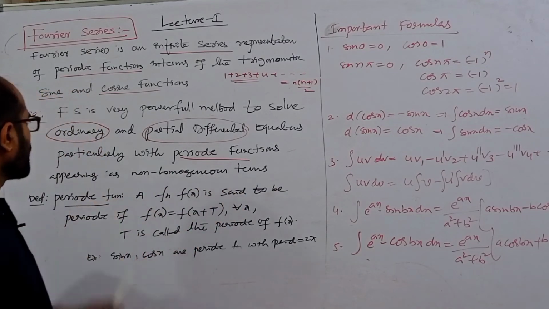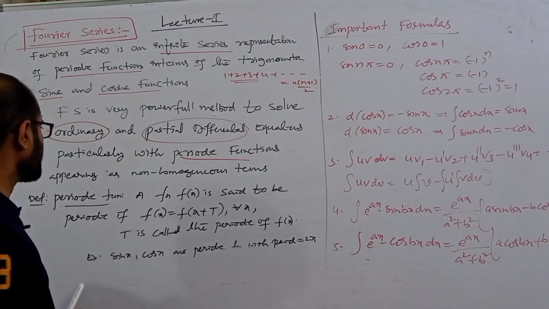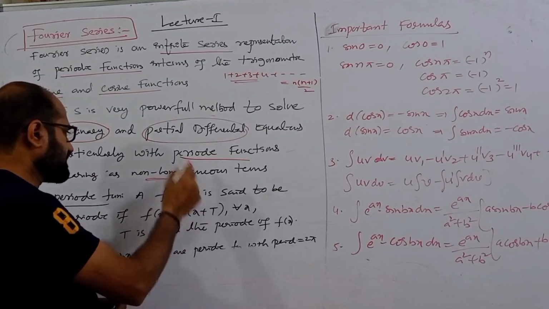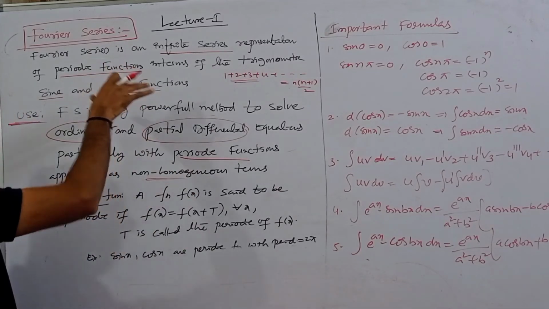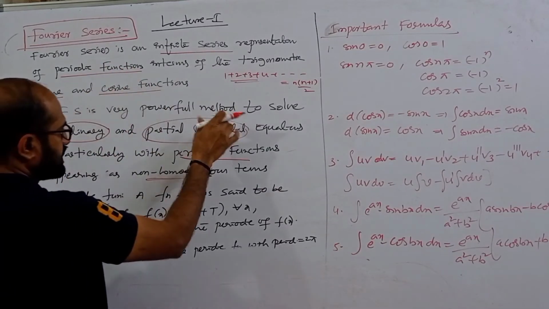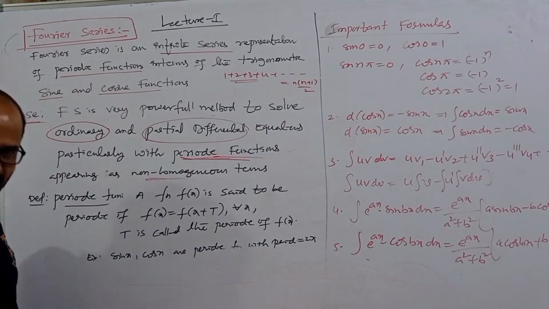See, we will discuss what is ODE and PDE, ordinary differential equation or partial differential equation, non-homogeneous differential equation, in another video. Now, Fourier series is useful to solve ODE and PDE, particularly with periodic functions, right?